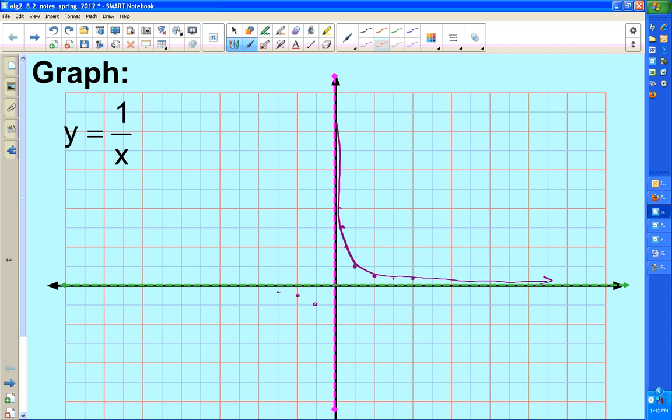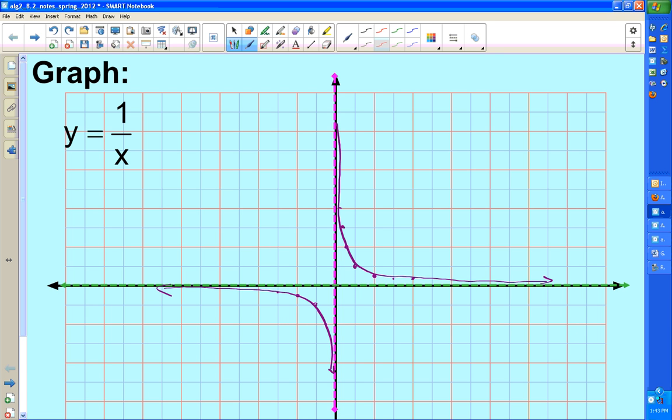Negative a half. Look, they mirror each other. That's cool looking.